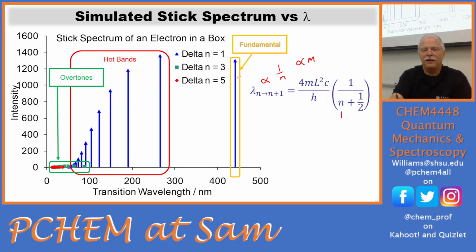And so if I increase the mass by say 10%, then this is going to get bigger. The wavelength is going to be red shifted by 10%. It's proportional to the length squared. So if I make a small change in the size of my system, I'm going to have a huge change in wavelength.